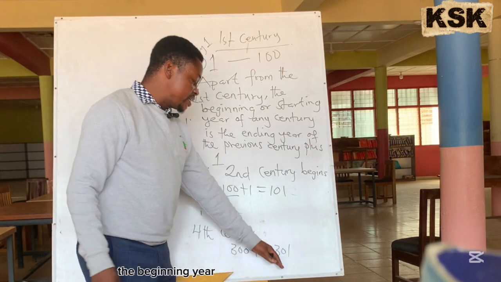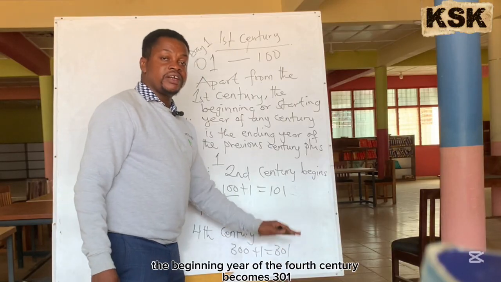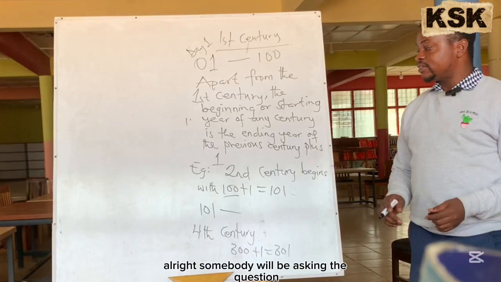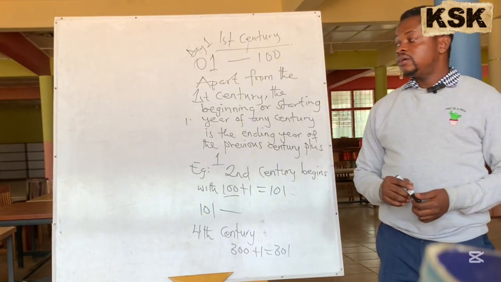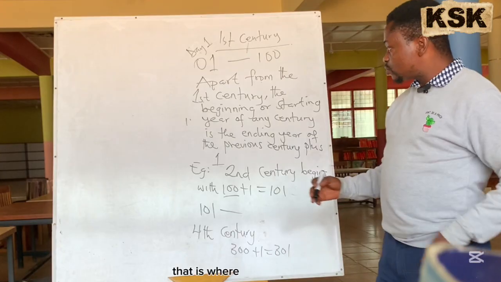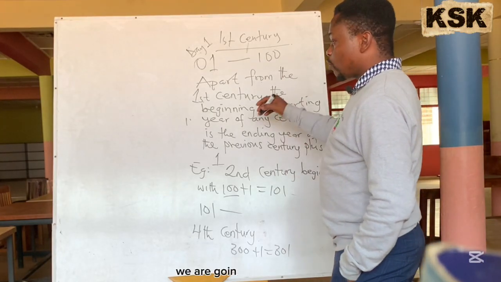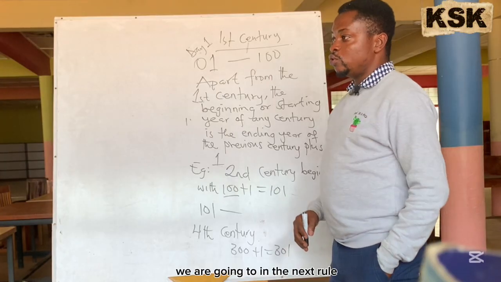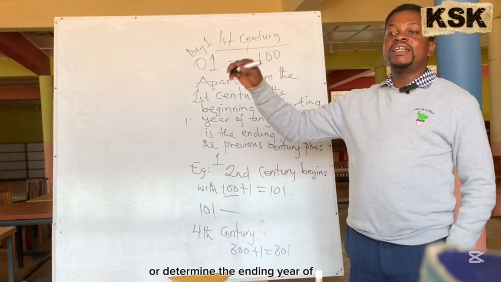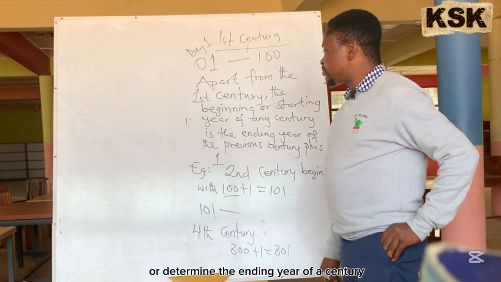So the beginning year of the 4th century becomes 301. All right. Somebody will be asking the question, how did you get your 301? That is where we would be going. In the next rule, we are going to determine how to get the ending year of a century.